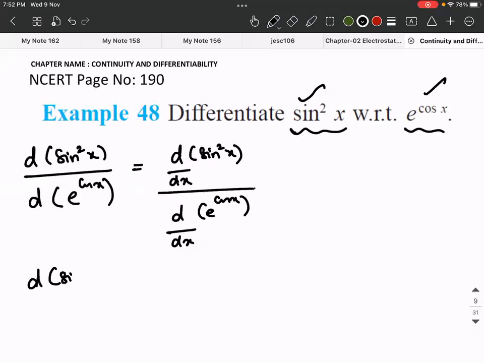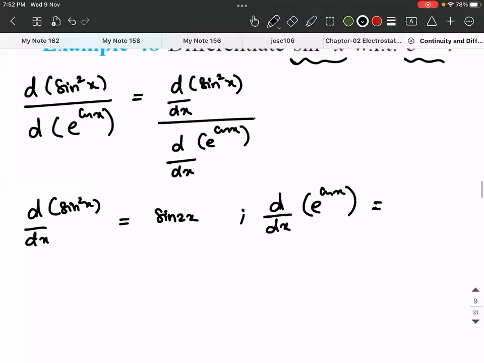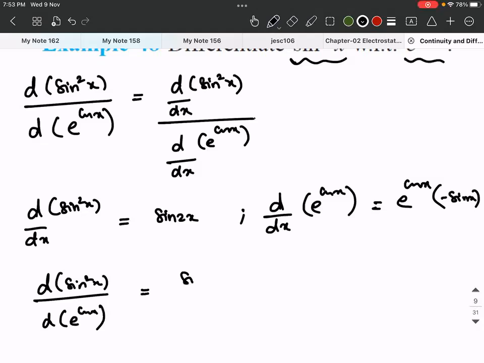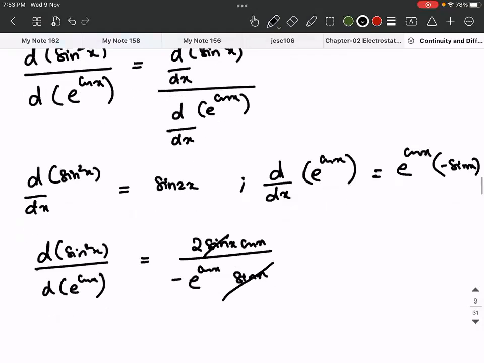So what is the derivative of sine square x? By now you should have known it is going to be sine 2x. Because why? What will you get? 2 sine x into cos x, sine 2x. What is the derivative of e power cos x? It will be e power cos x into derivative of cos x, which is minus sine x. Is that right? So the derivative of sine square x with respect to the derivative of e power cos x is going to be 2 sine x cos x divided by minus e power cos x into sine x. Sine x and sine x will get cancelled.